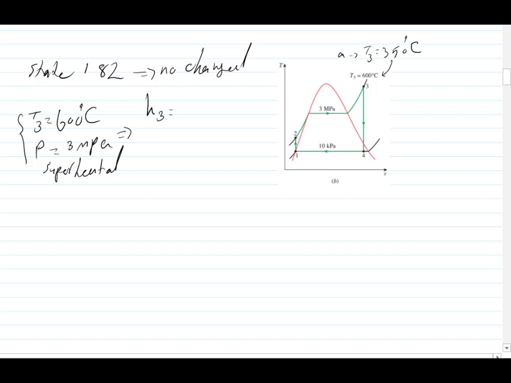If we go to the table, we will find the value for H3 equal to 3682.8 kilojoule per kilogram. I'm not going to show you again the table. The same procedure for superheated water. You can go to the table and find this value for the state 3 in part B of the question.